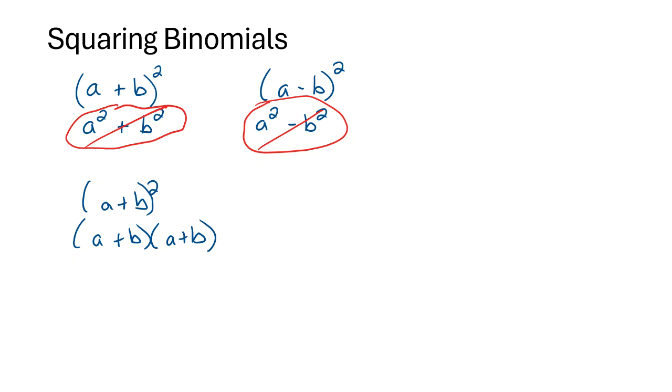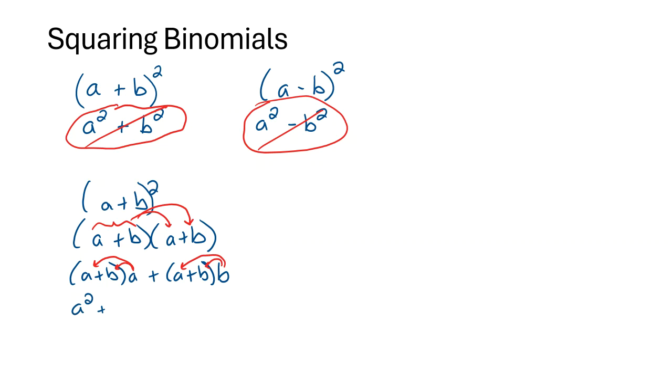So when we multiply binomials, we're going to distribute a plus b into each of these things. So we're going to do a plus b times a, plus a plus b times b. And then we'll distribute this a into the first parentheses and this b into the second parentheses.